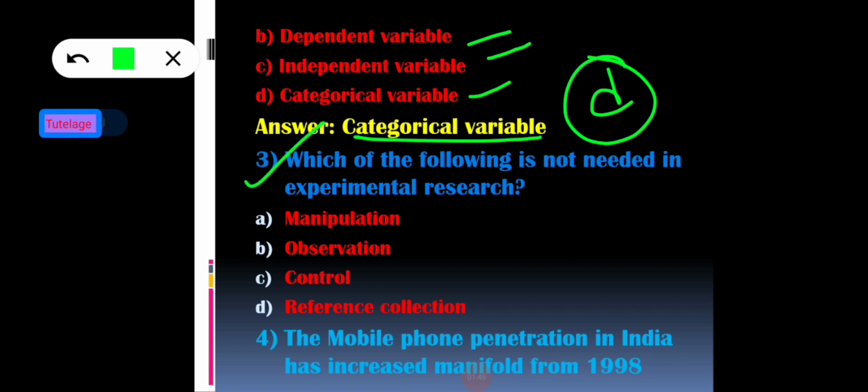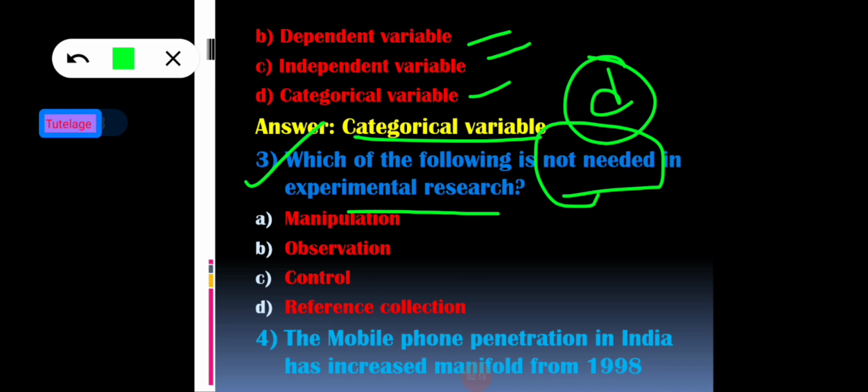Which of the following is not needed in experimental research? We have already discussed what is meant by experimental research, and we all know that manipulation, observation, and control are all very important in experimental research.